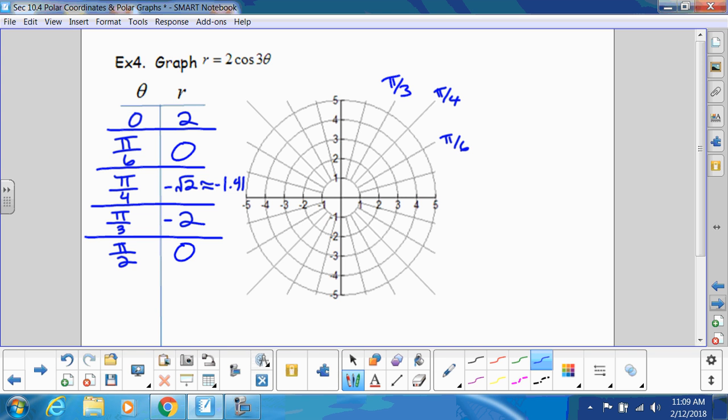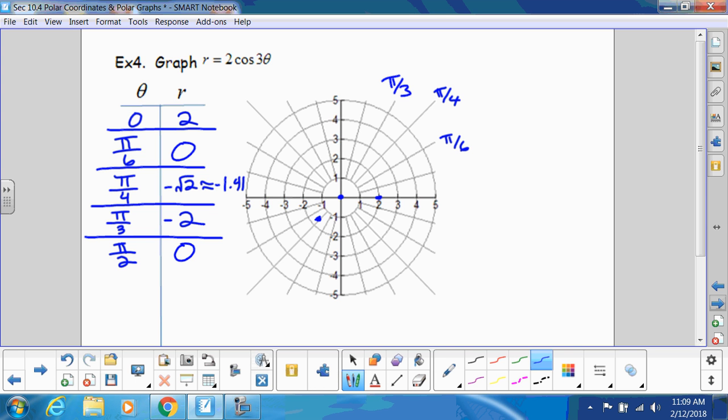So let's see what's happening there so far. So 0 is at 2. Pi over 6 is at 0. Pi over 4 is at negative 1.4. So I have to go negative 1 and then a little bit more than that. So like right there.